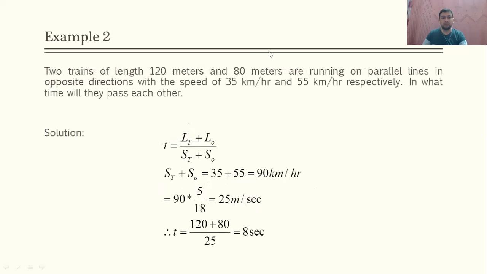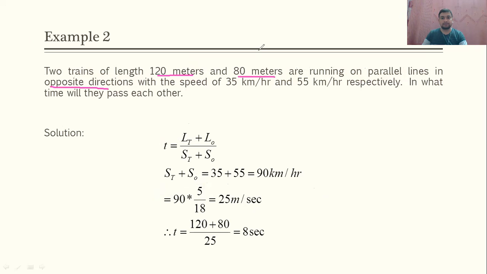Next, example number 2. Now this is an important example. Let us see the problem statement. Two trains of length 120 meter and 80 meter are running on parallel lines in the opposite direction. So first important point is opposite direction, and the lengths of the two trains are 120 and 80 meter.